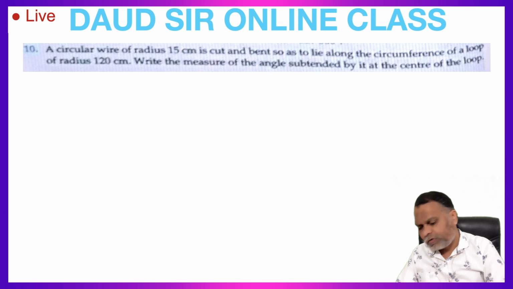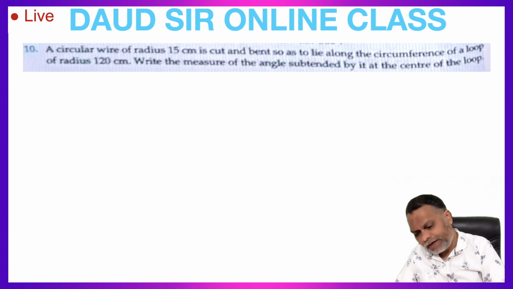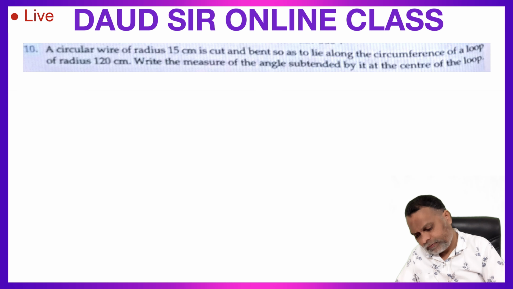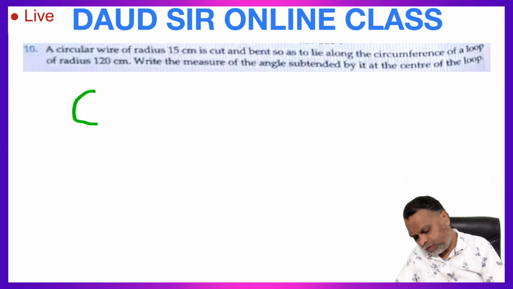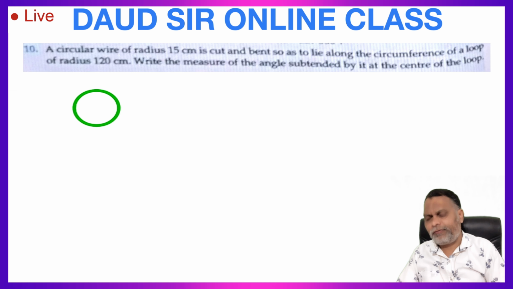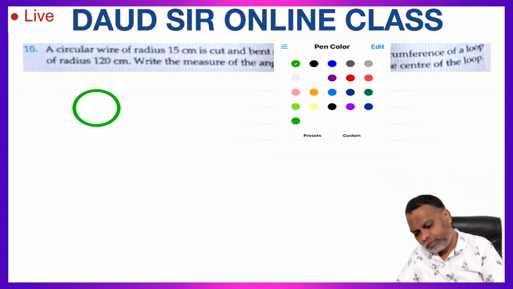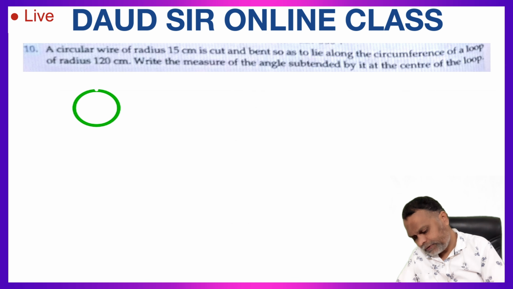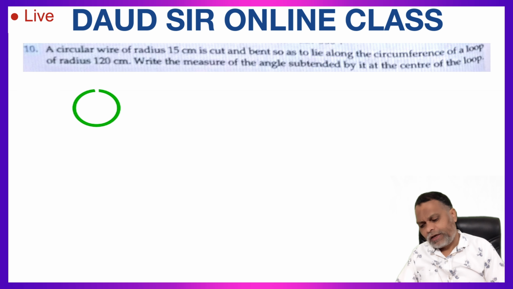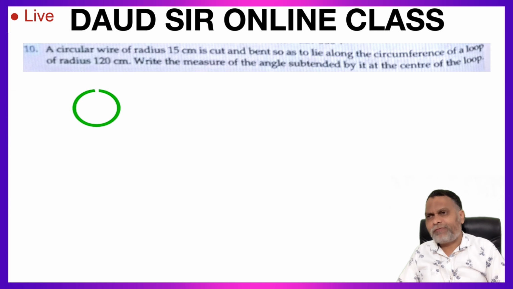So there is one circular wire, in the shape of a circle. We can cut it and bend it so as to lie along the circumference of a loop.